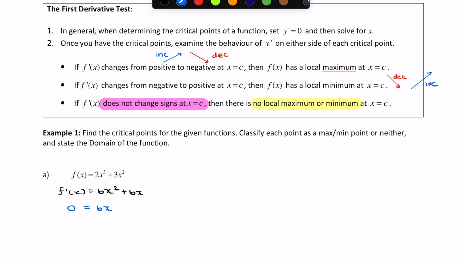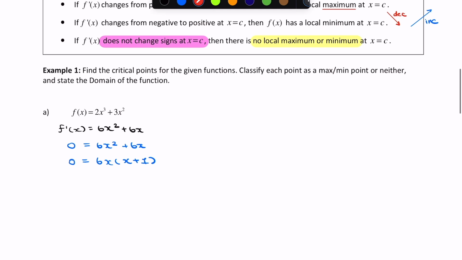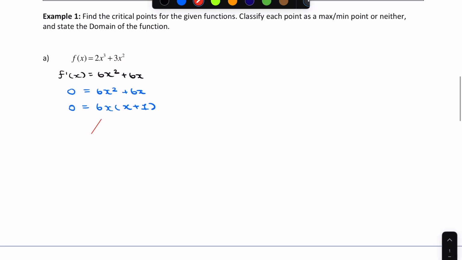So 0 is equal to 6x squared plus 6x. Factor out 6x, and we'll be left with x plus 1. Here we have two answers: x equals 0 and x equals -1. Those are our two critical points.